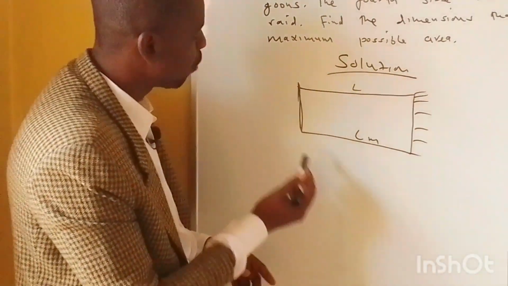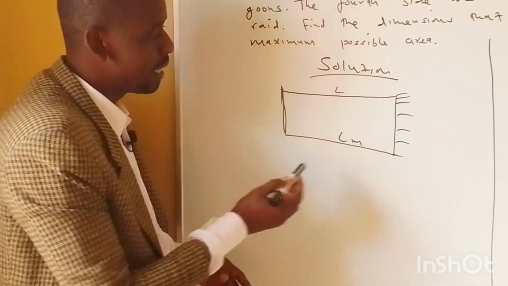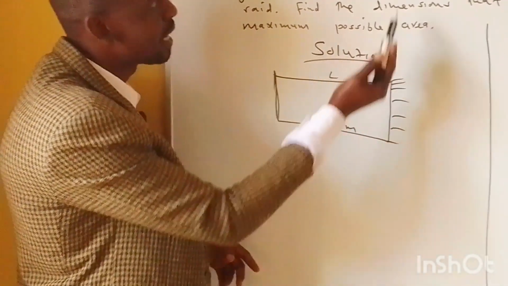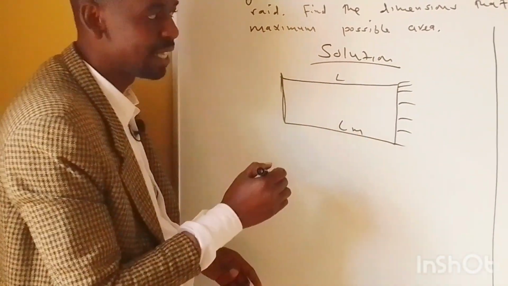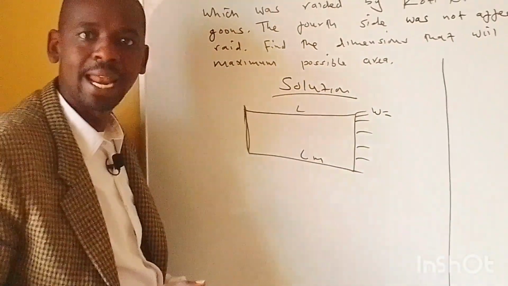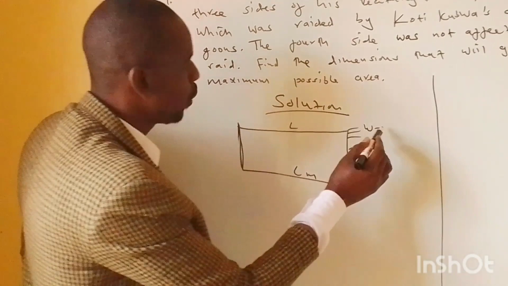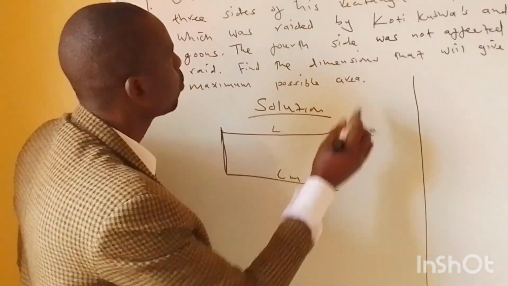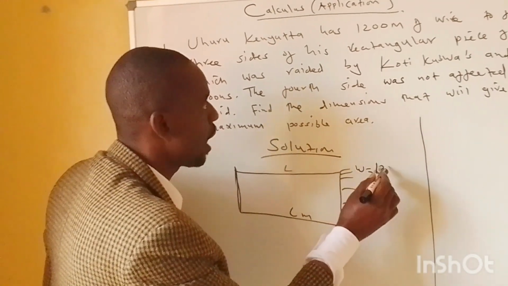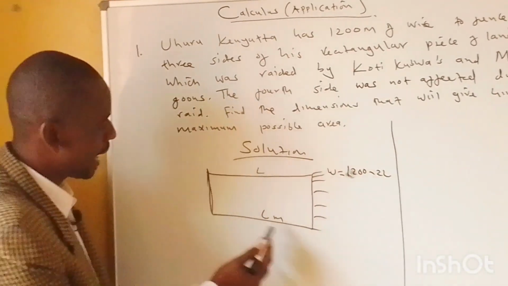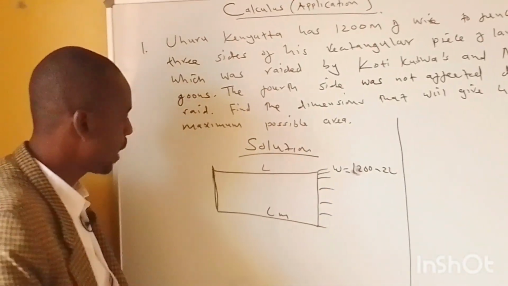Then we can get this side which is remaining because the other part is not affected. So for us to get this width, we take L plus L, then we subtract from 1,200. So this width that we want in terms of L is 1,200 minus 2L. What was the total? 1,200 minus 2L, because when you take L plus L, that gives us 2L.